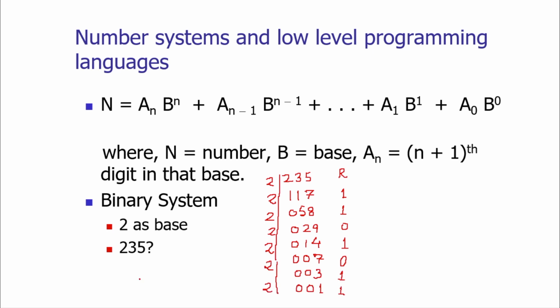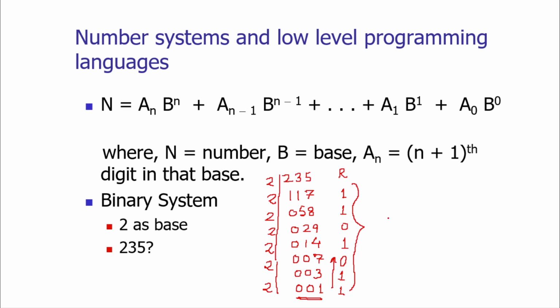Fine. Now if I want to write the binary representation, I will start from the bottom to the top. So we first see what value we are getting here. If it is 0, it is fine. If it is 1, then we will be using that 1.